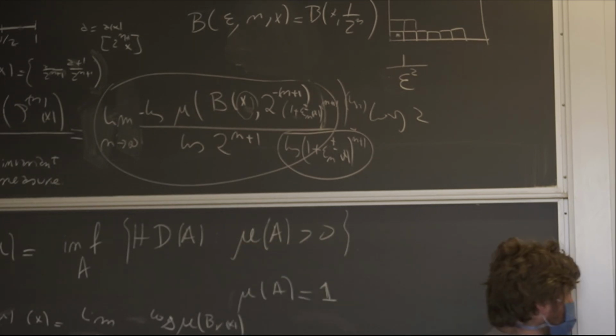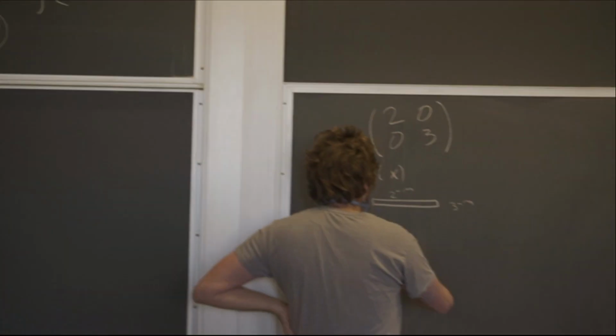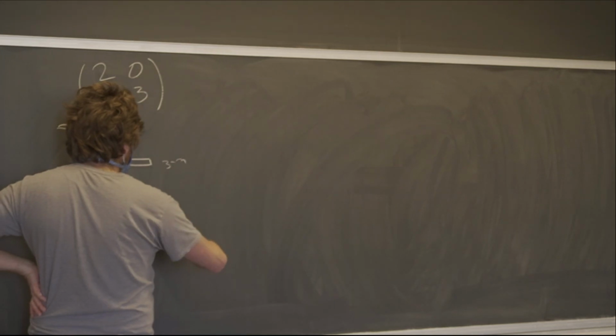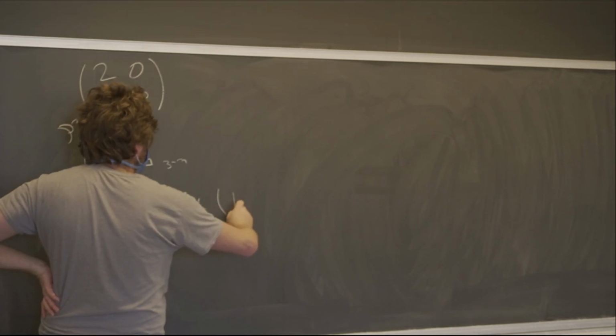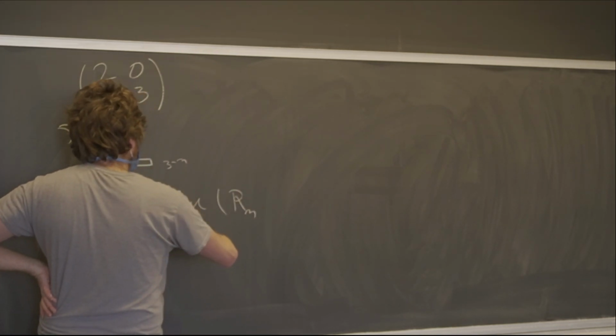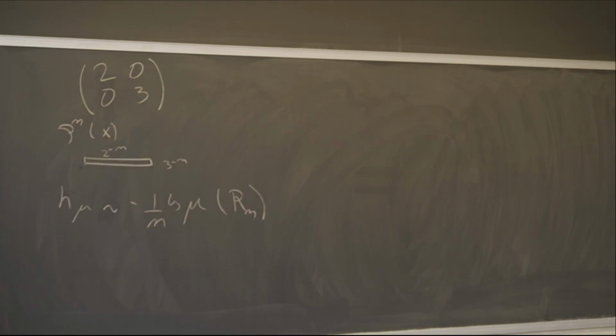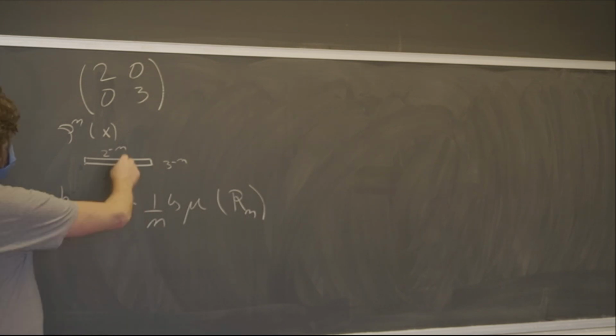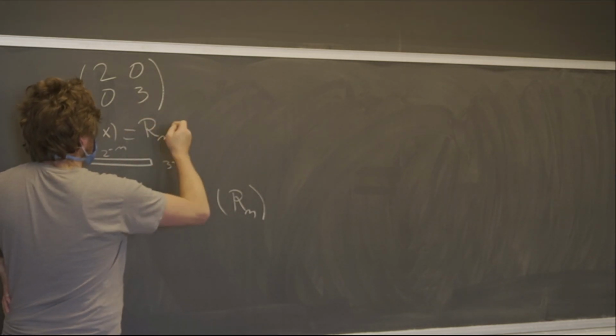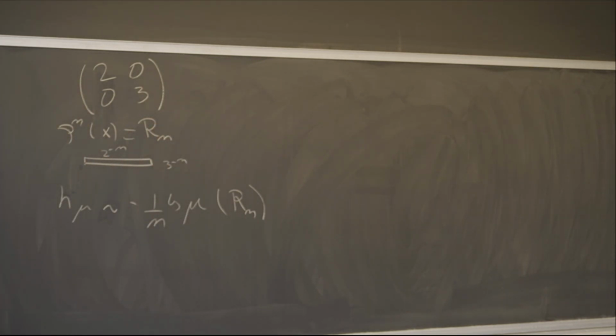Since now entropy will give me 1 over n log mu of these rectangles. And as I said, this is not really a ball, but now is where this notion of conditioning comes into play.